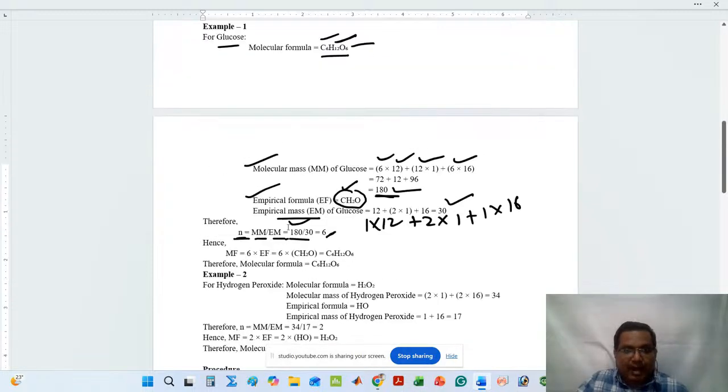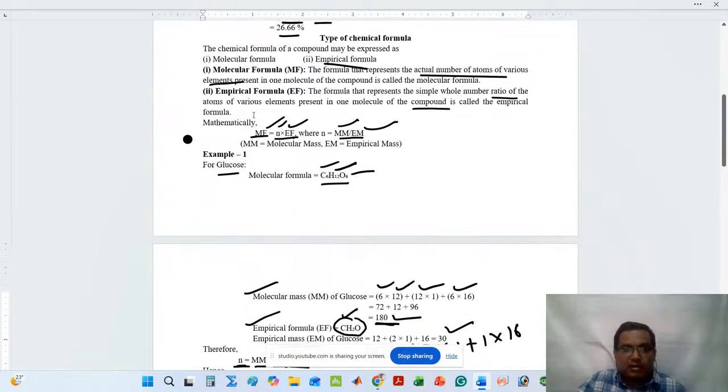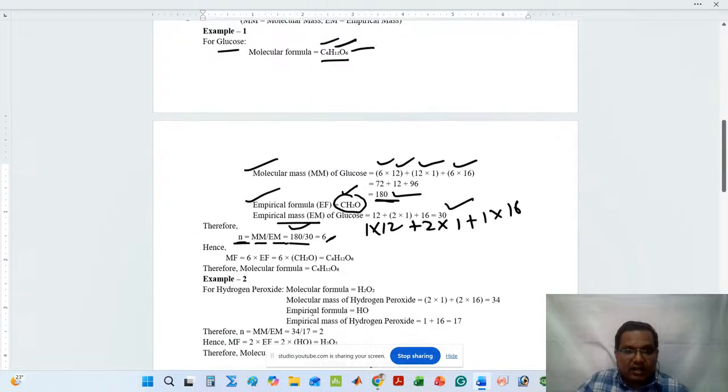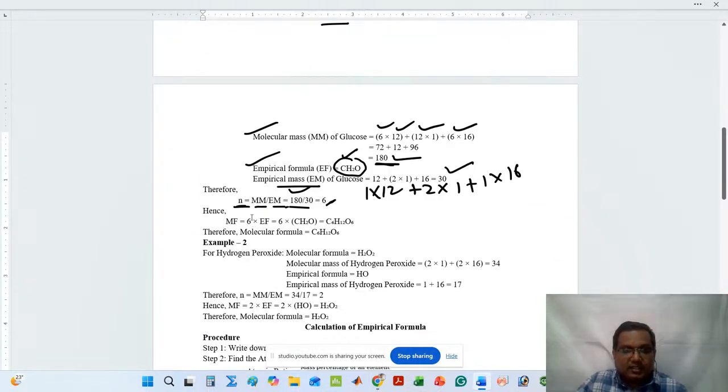Again, we can apply this formula: molecular formula equal to n into empirical formula. Here the value of n is how much? That is 6. Now put the value of n in this equation. Molecular formula equal to 6 into empirical formula. Here the empirical formula is CH2O.